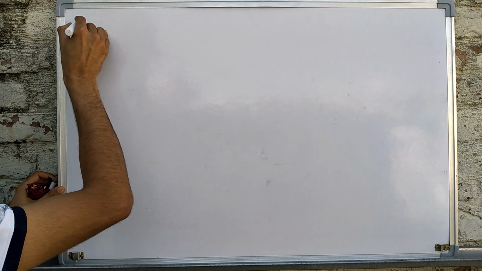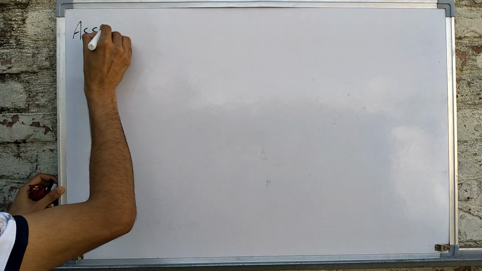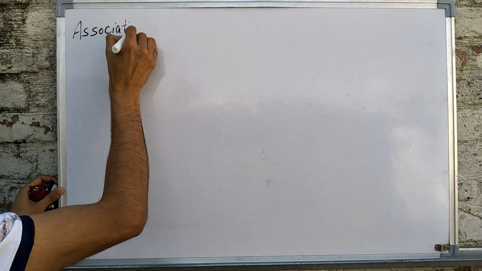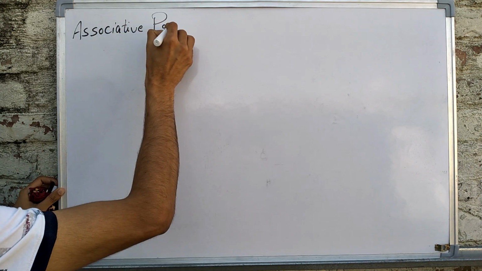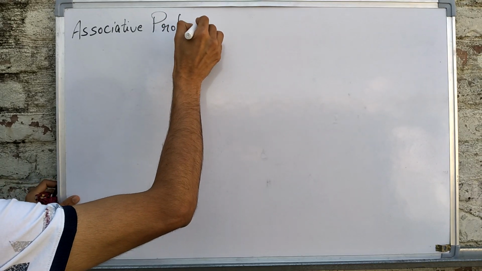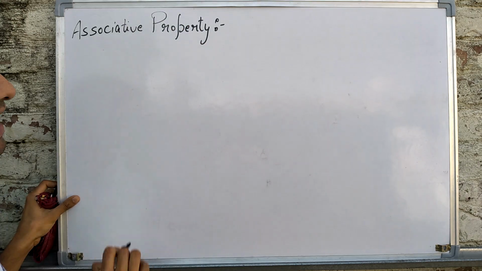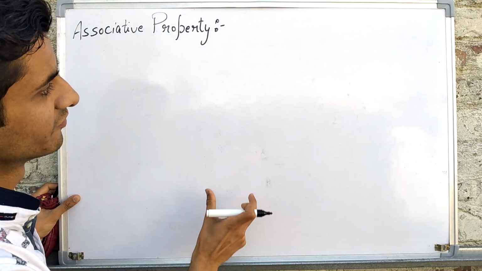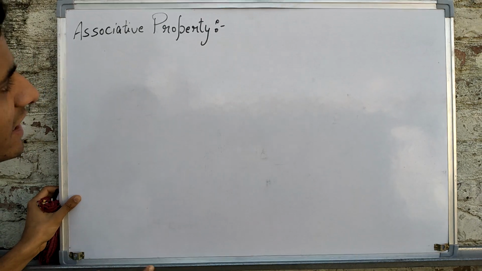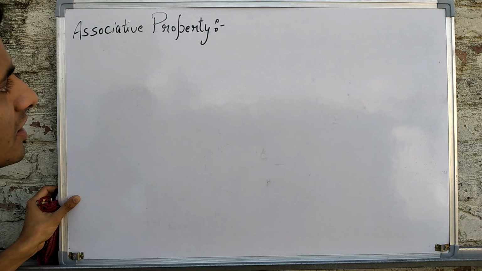So let us start with the first one, that is the associative property. First of all, let me write the definition of this property, and I will relate some examples with this definition so that it becomes more clear to you.